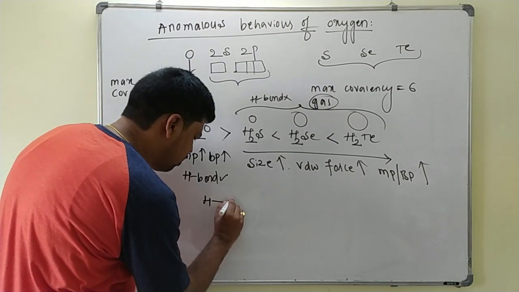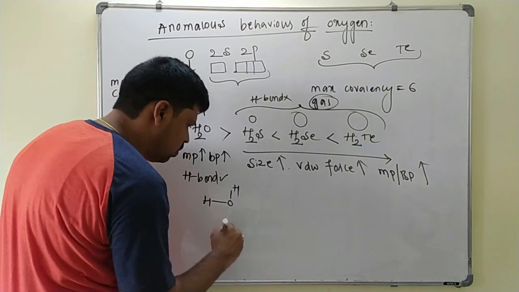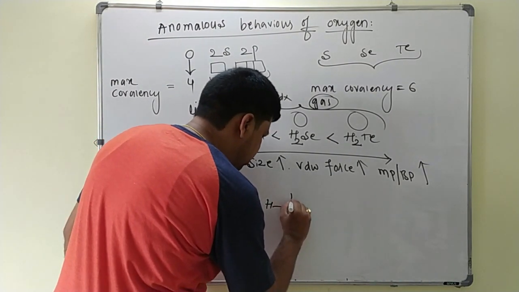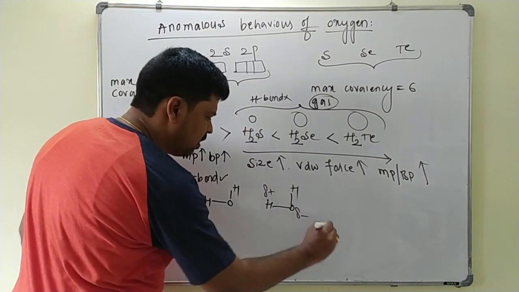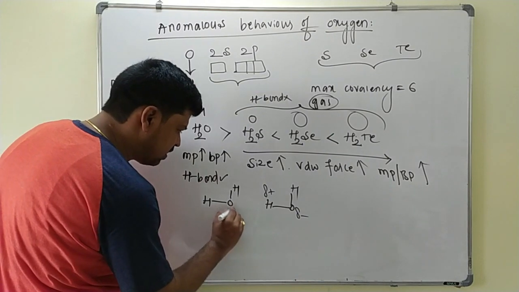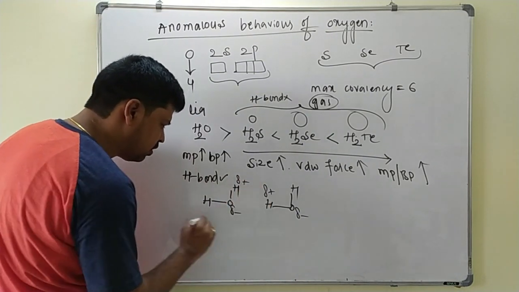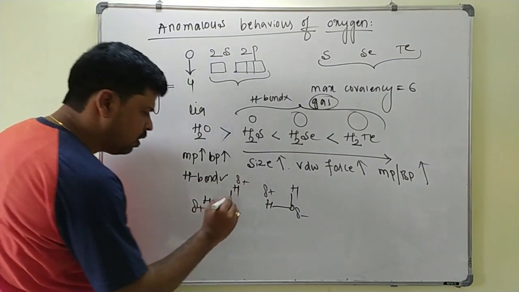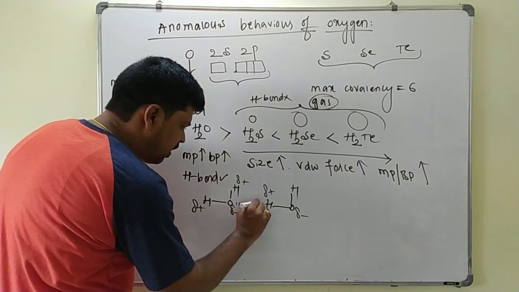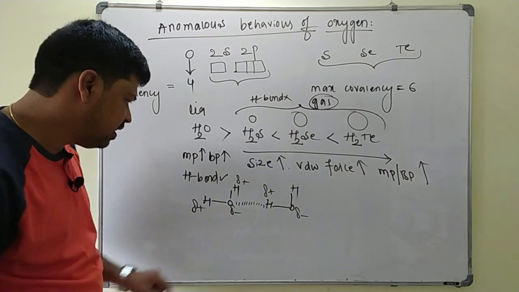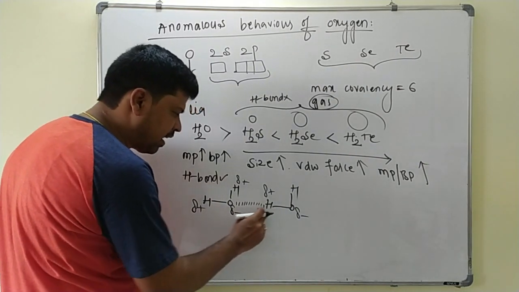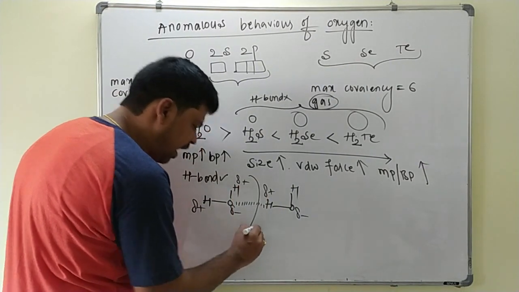So, in case of the water molecule, I will show the intermolecular hydrogen bonding. This is the H2O molecule; this is partial positive, this is partial negative, and this is partial negative, partial positive, this is partial positive. There is a force of attraction between this electropositive hydrogen atom and the highly electronegative oxygen atom. This electrostatic force of attraction between these two is hydrogen bonding.